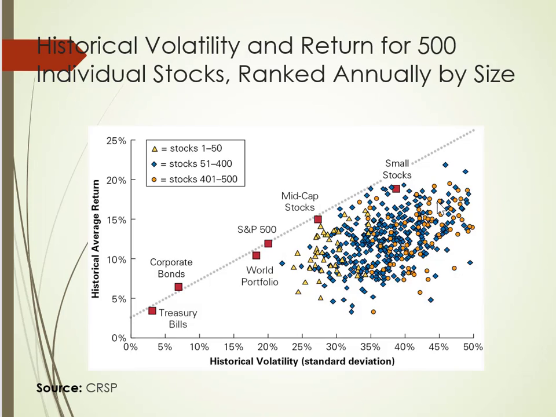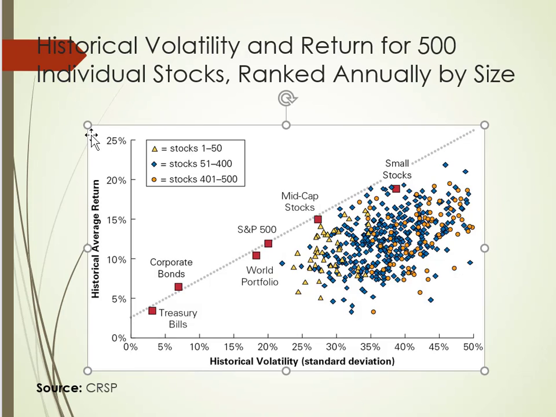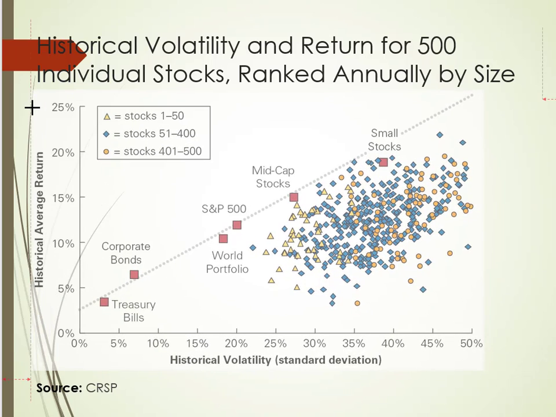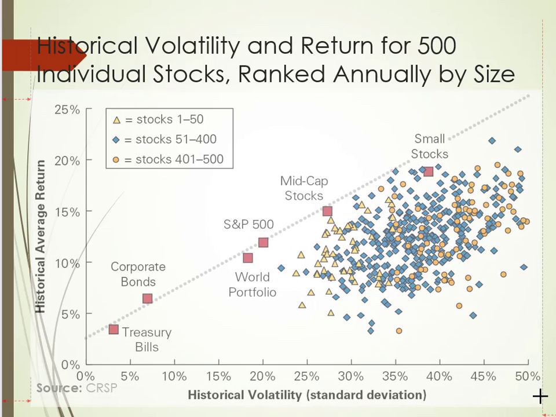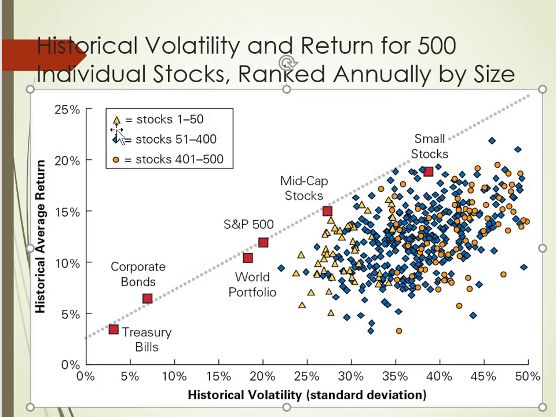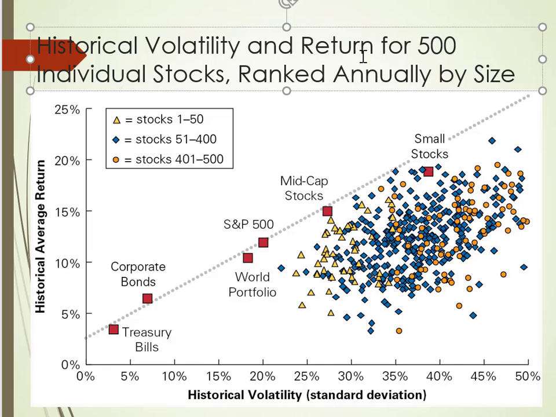Now I have a graph here that I think is kind of interesting to look at, and this is the S&P 500. Let me expand it just a little bit so it's easier to see. The biggest 50 stocks in the S&P 500 are denoted by these gold triangles.